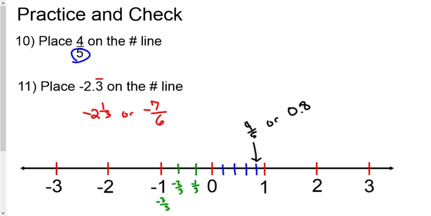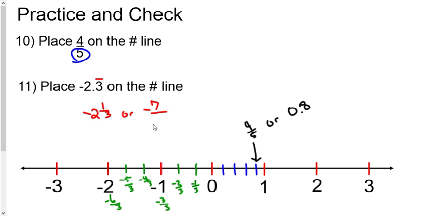-4/3, -5/3. This would be -6/3. Really, I need to kind of move this over just a little bit more. That's good. And then we're left with -7/3. And I don't know why I first said that was a 6 there.